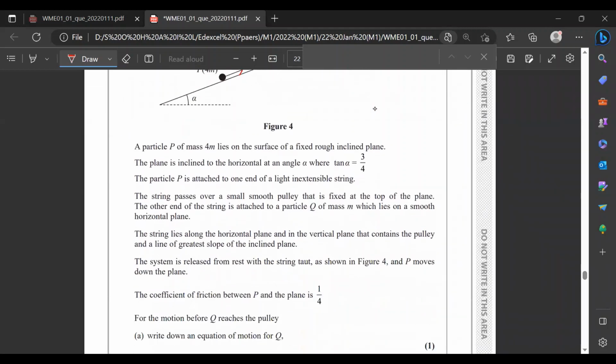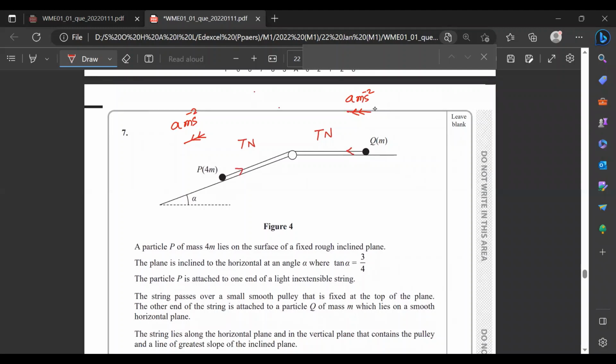First part is the equation of motion. As this is smooth, there is no friction. So if P is moving down the slope, Q is moving towards left, and the force acting in the direction of motion is only the force T newtons, no other force. There is no friction. m is the mass and a is the acceleration.